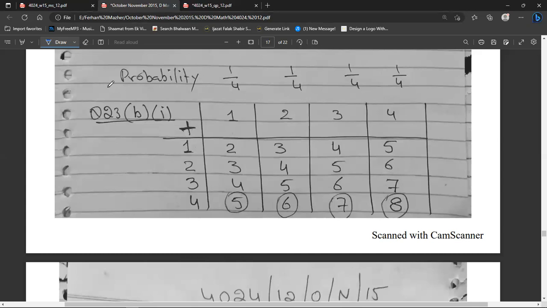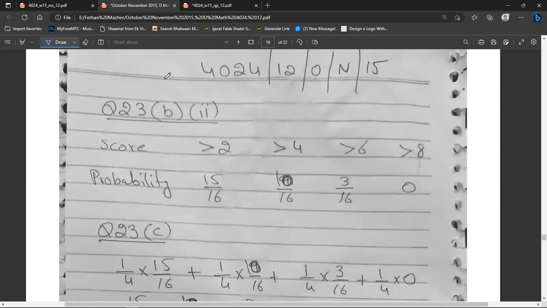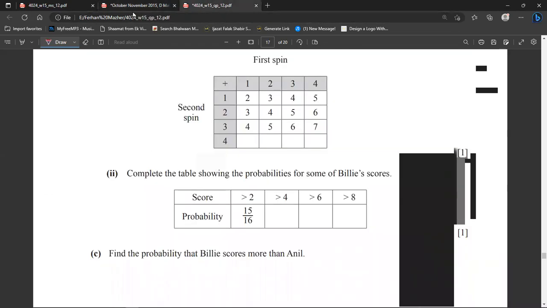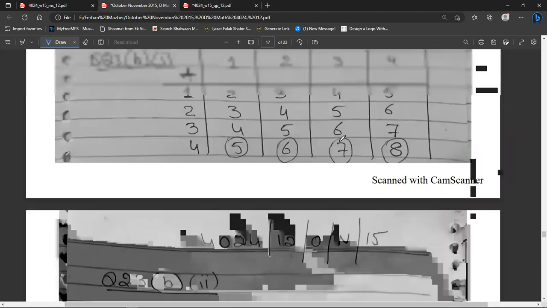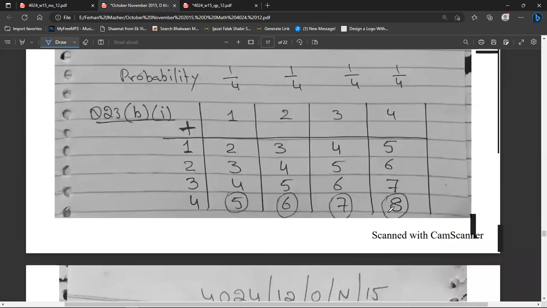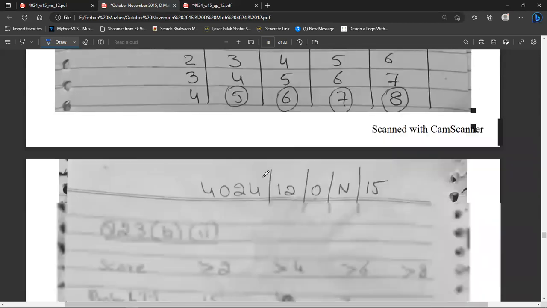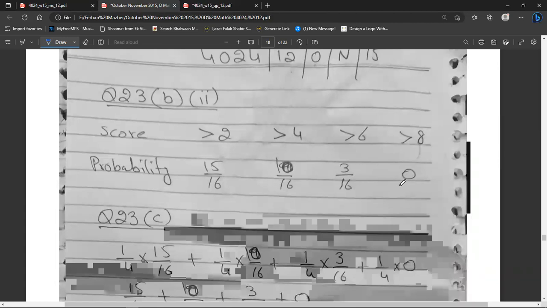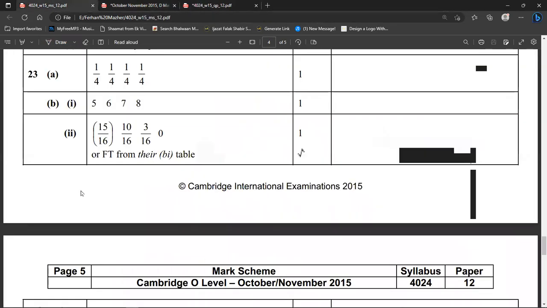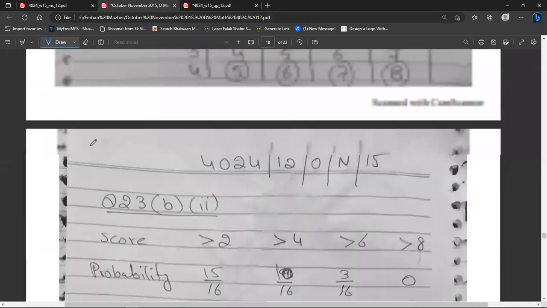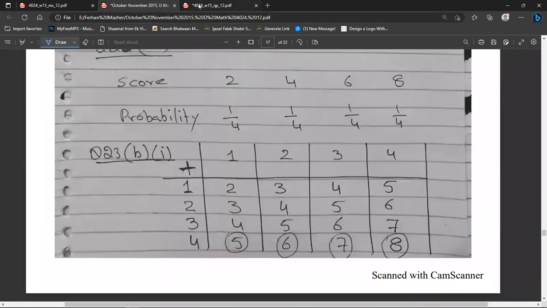It will be 3 by 16. Then getting a score more than 8. In this, there is no score more than 8, so its probability will be 0. This is how you do this. So hopefully you understand how I have done this. I have used this table and counted them.